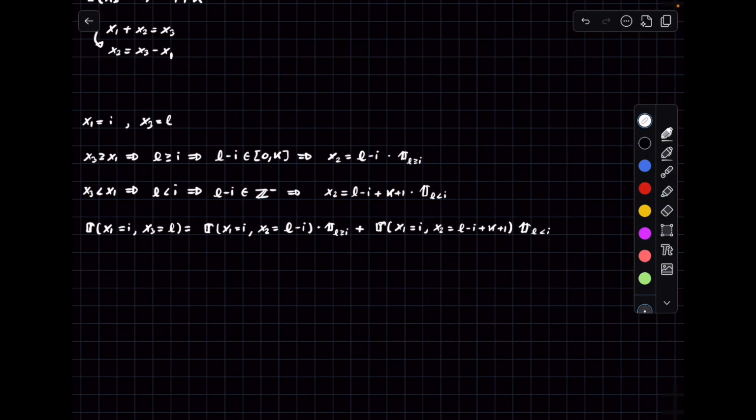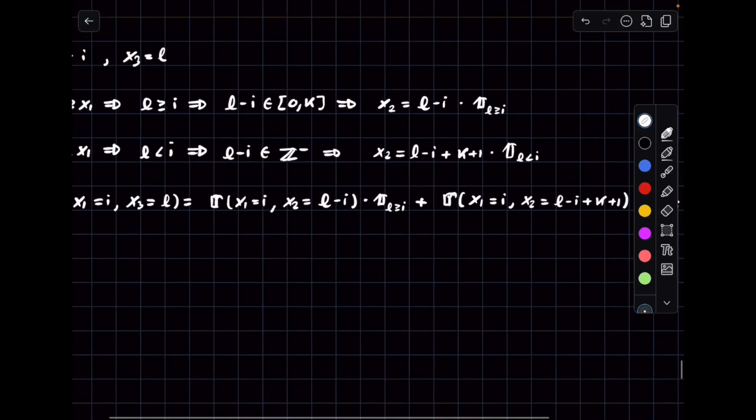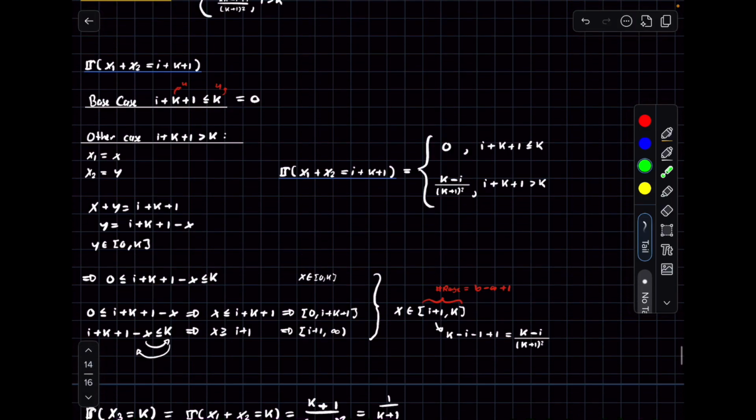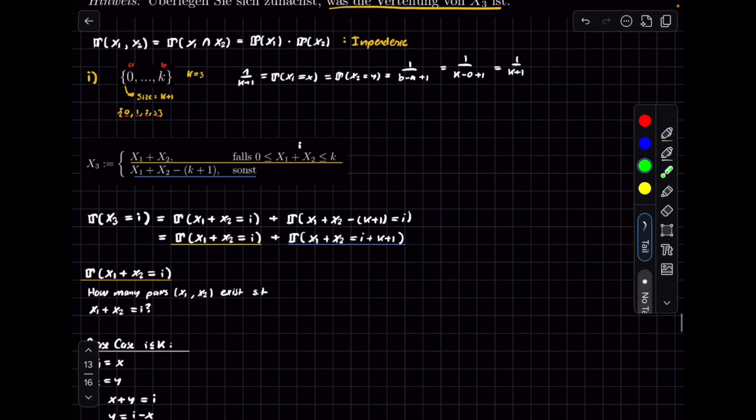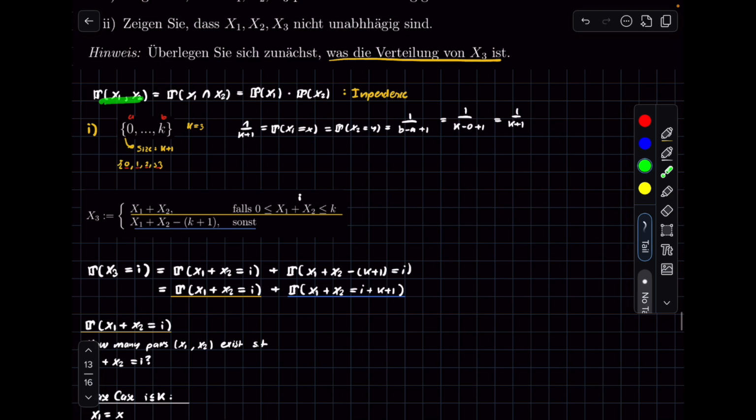So we know that as x1 and x2 are independent, as per the exercise, it states over here, x1 and x2 are independent, we know for a fact that this holds.